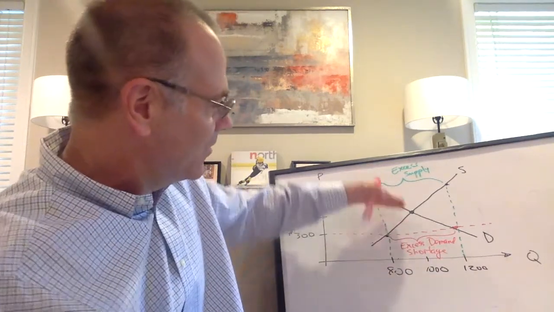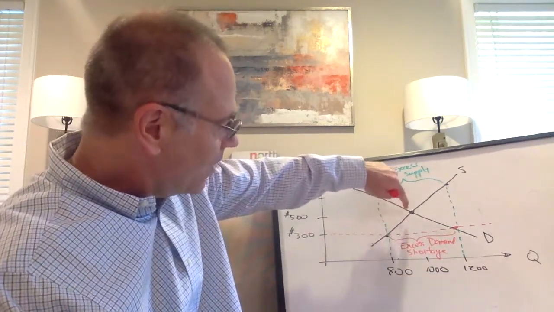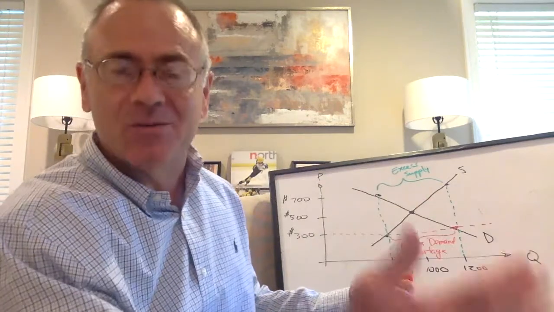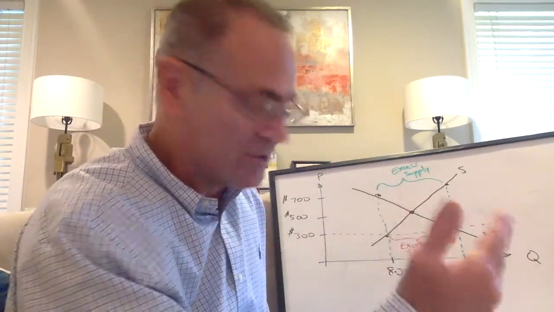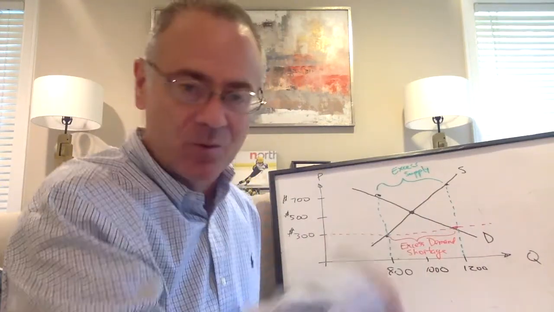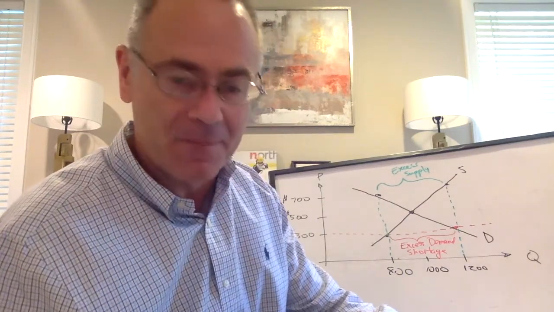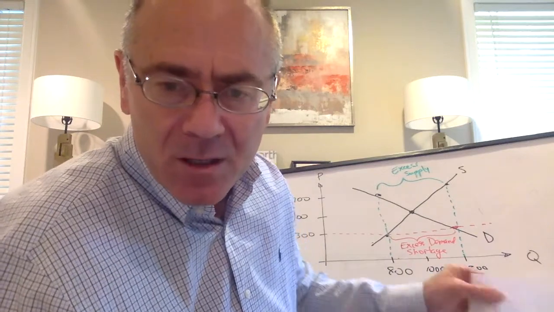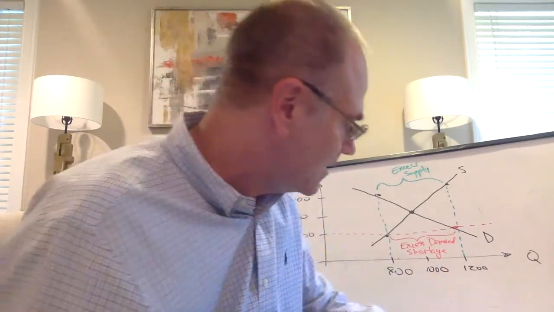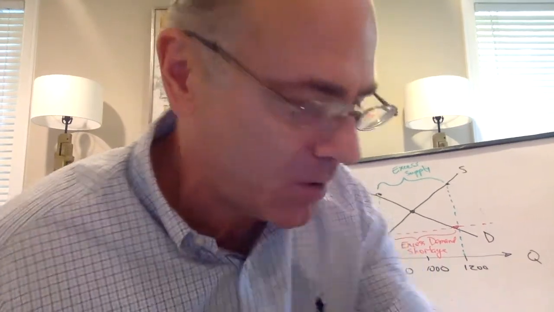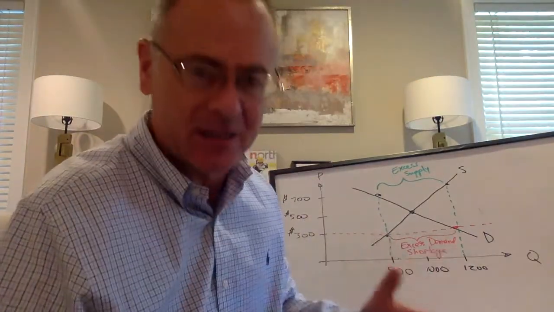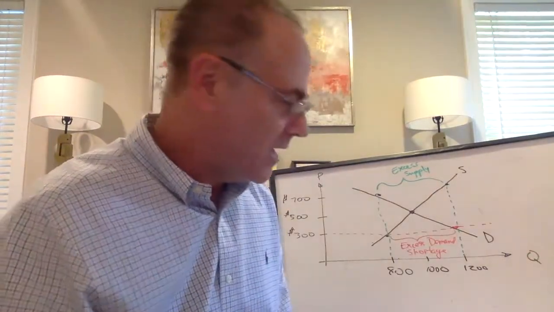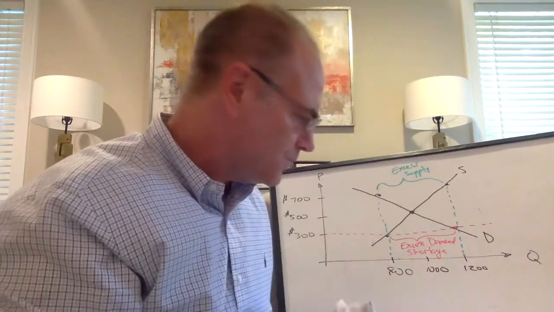They keep doing that till eventually they reach the price where the number of guitars offered to be sold is equal to the number of guitars offered to be bought. Okay, so that is the first part about how markets clear, how we put demand and supply curves together.